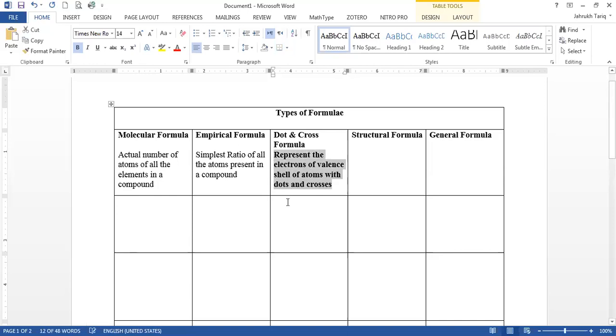You will remember that we used it to represent covalent bonds back in the bonding chapter, and we also used it to represent ionic bonding. In ionic bonding, it was a simple case of loss and gain of electrons, while in covalent bonding, it was a case of sharing, where the electrons of the outermost shell or the valence shell were shared with one another. Do you remember? Does everyone remember after this much revision?